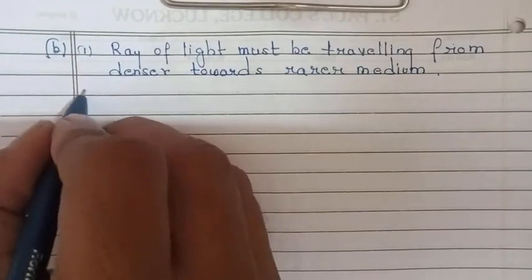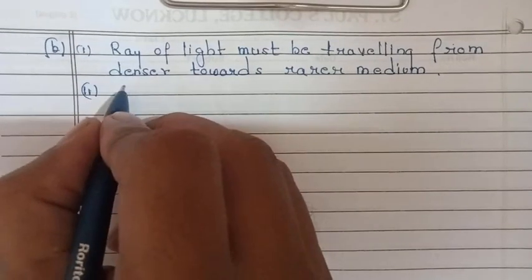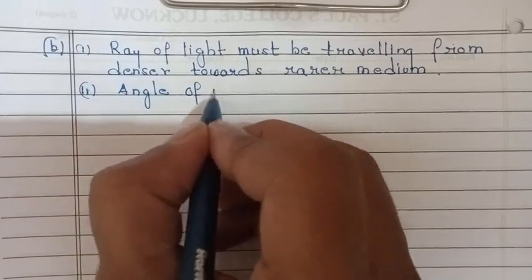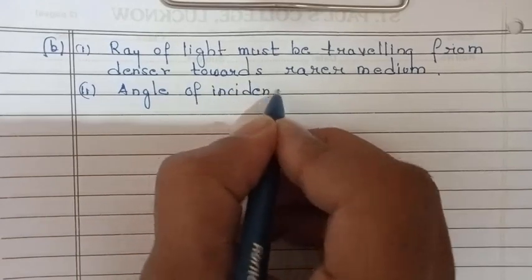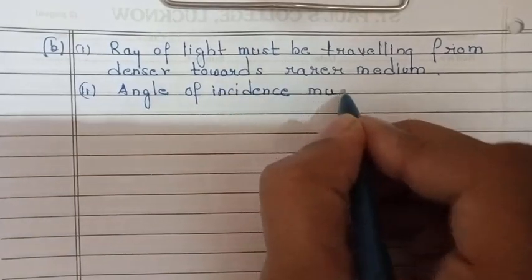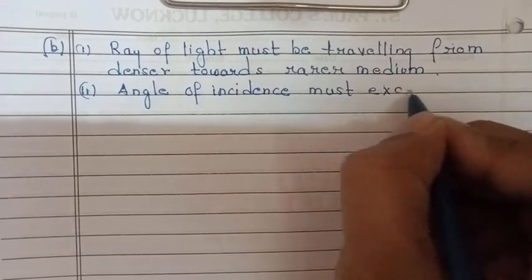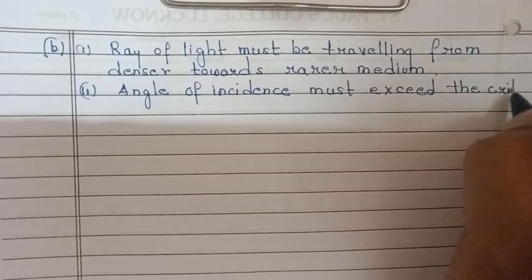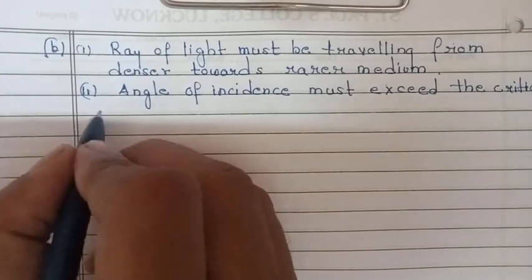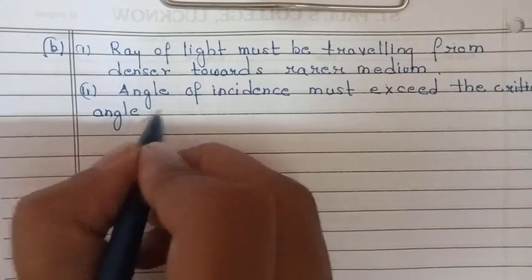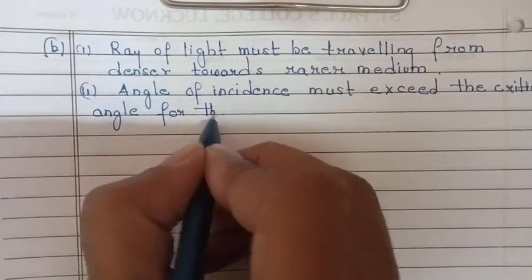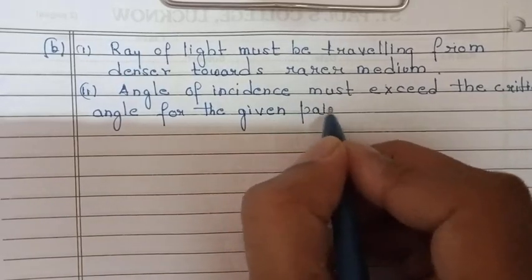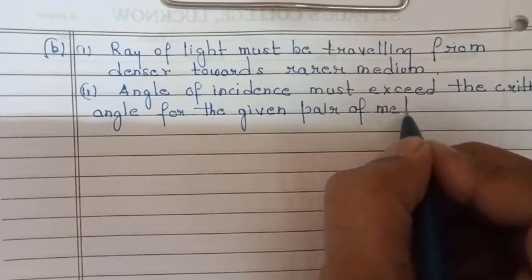The second condition is the angle of incidence must exceed the critical angle for the given pair of media.